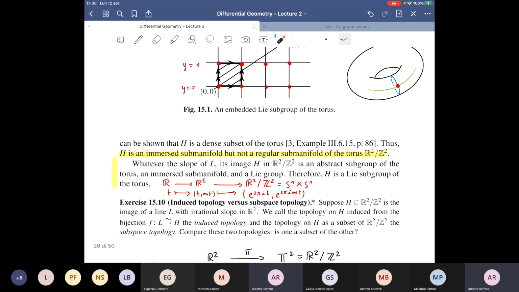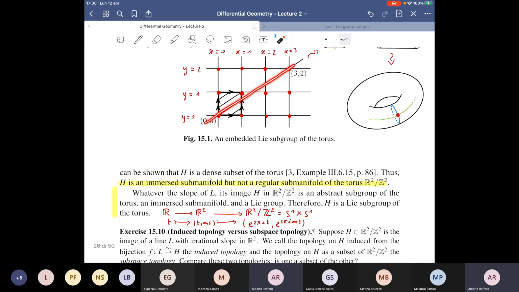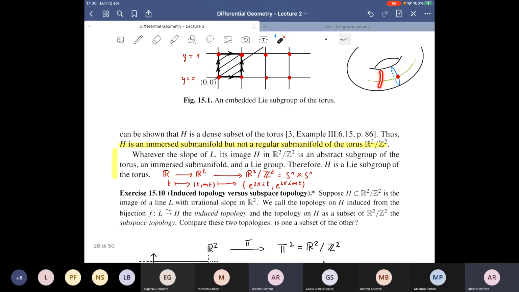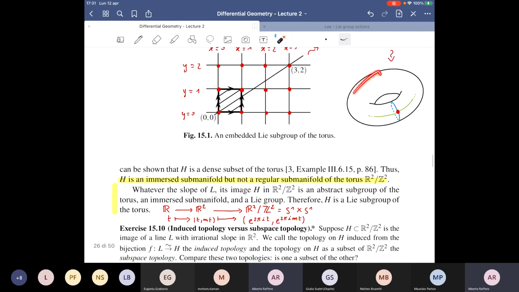In fact, here it is nice also to understand better which is the difference between the induced topology and the subspace topology. As you remember, once you have an injective map, and so an injection into the image, which is the map that sends the line here in R2 inside its image here, then you can give to the image both the topology induced by the map, where you just declare a subset here to be open if it is the image of an open subset here, or you can give the image the topology induced by the ambient space.